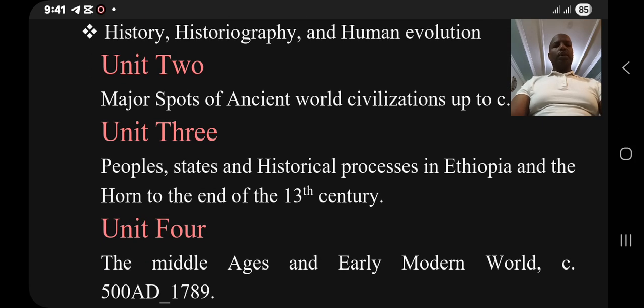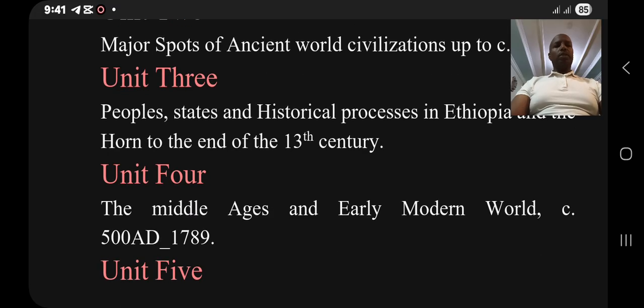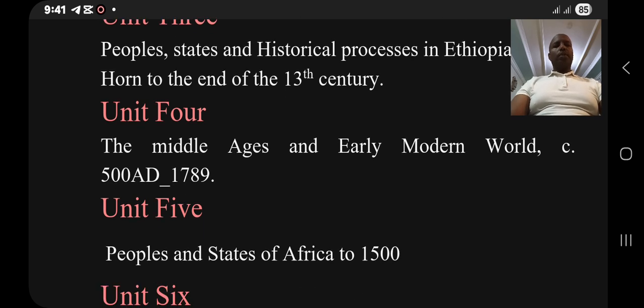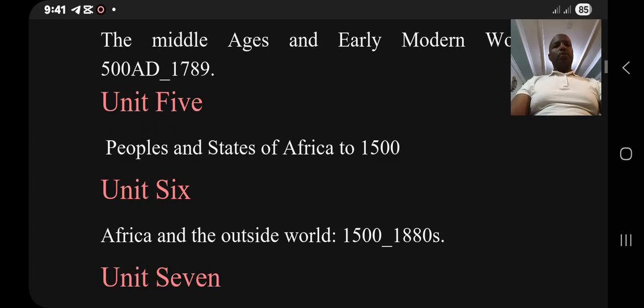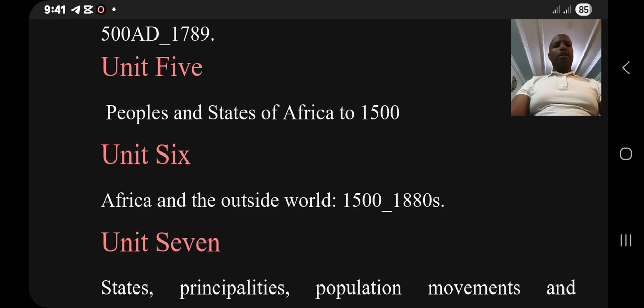Unit 4 comprises the Middle Ages and early modern world, 580 to 1789. Unit 5 includes peoples and states of Africa to 1500. Unit 6, Africa and the outside world from 1500 to 1880s.